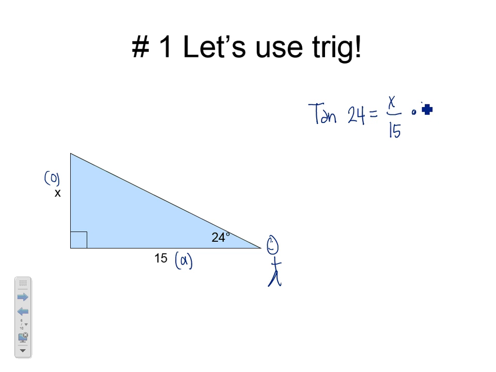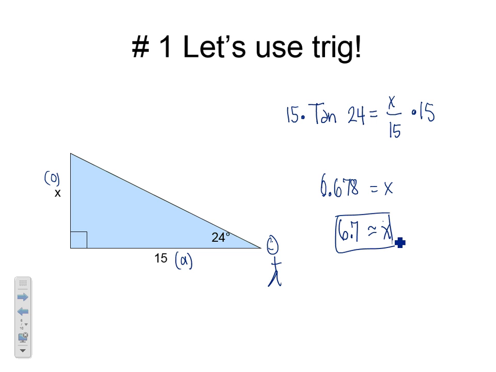So let's multiply both sides by 15 and then take 15 times the tangent of 24. And then you can round. So 6.678 would be x. So x is approximately, let's round to the nearest tenth, 6.7 is the length of x.